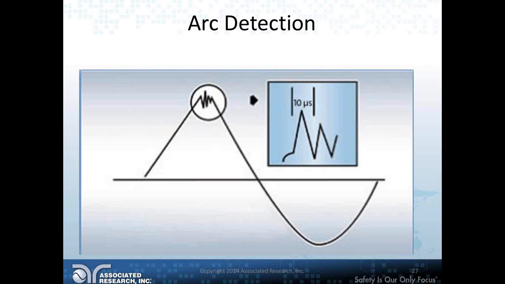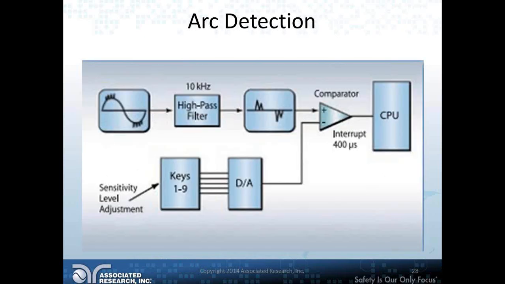Then these high-frequency signals are fed into a comparator and checked against an operator-programmed sensitivity level, which is selected during the test setup. As in the picture, you can see that the sensitivity level is user adjustable. If this level is exceeded, an interrupt signal is fed into the CPU, which shuts down the high-pot immediately.